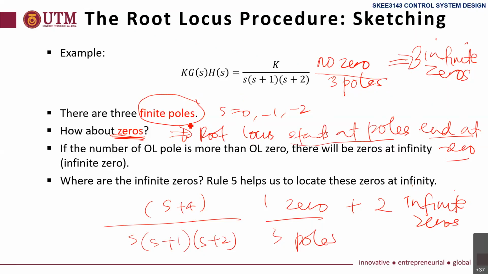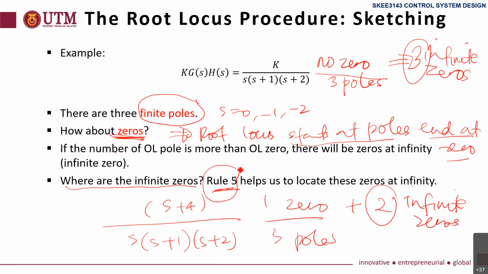The next question is, where are the infinite zeros? If we say we have 2 or we have 3, where are they? That is discussed in rule number 5.